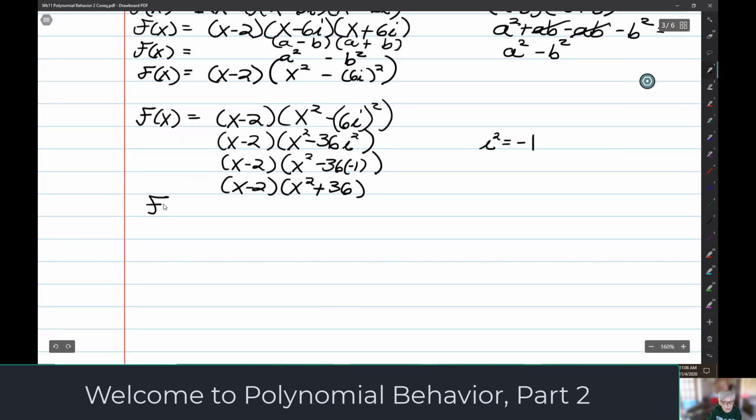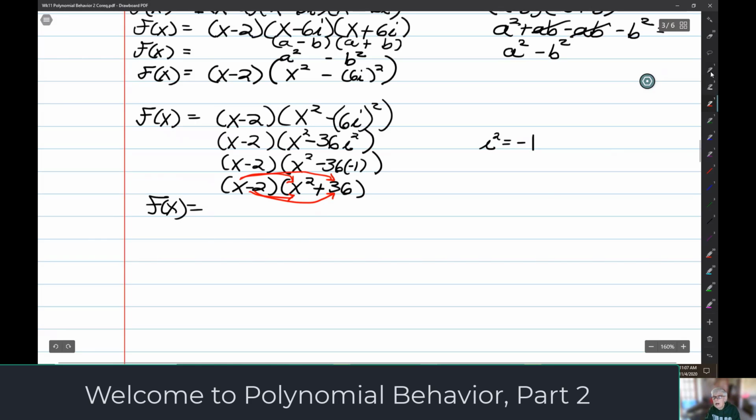We're going to have f of x equals x times x squared, x times 36 plus 36, minus 2 times x squared, minus 2 times plus 36.